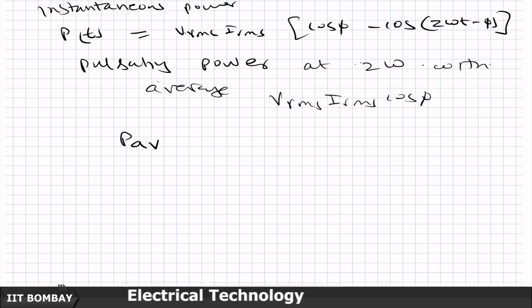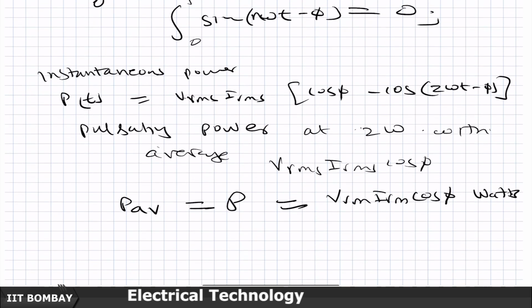This one cycle average power is also just indicated by capital P, which is Vrms Irms cos phi. Its unit is watts, and it is called the average power. So, this is the only power that you really get on an average. The rest is the pulsating power, because it is becoming positive and negative.